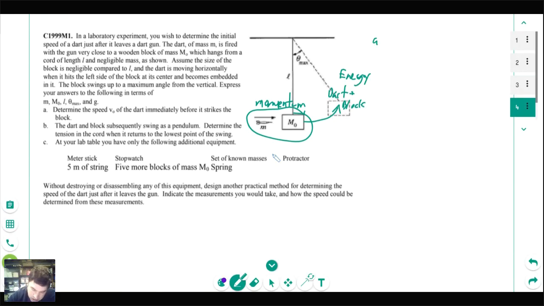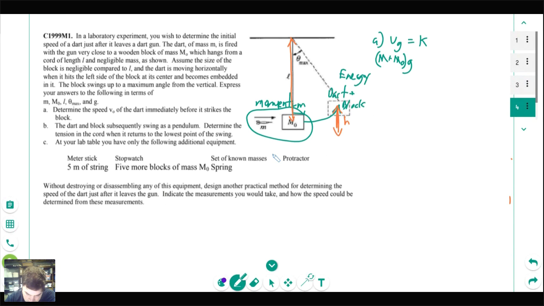So we're going to start here and do potential energy came from kinetic energy. So this is (m plus m naught) g, and I've got to find the height. I have to find this difference in height. My height here is L away from the ceiling.